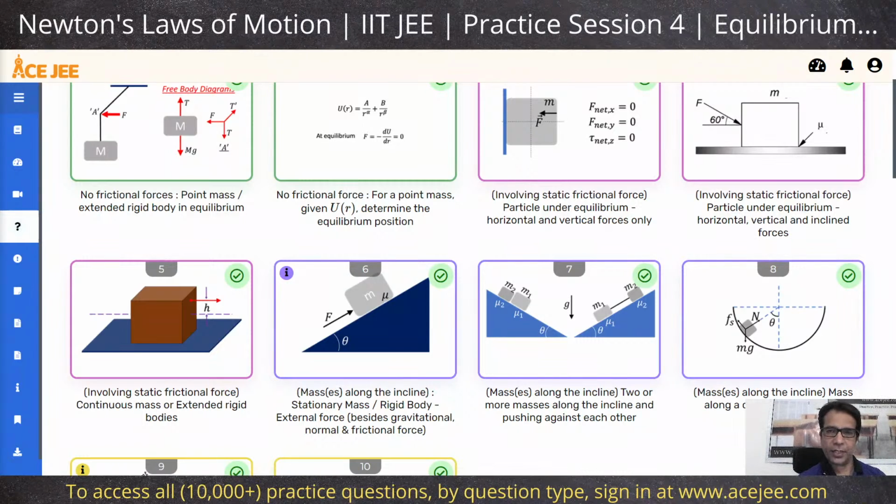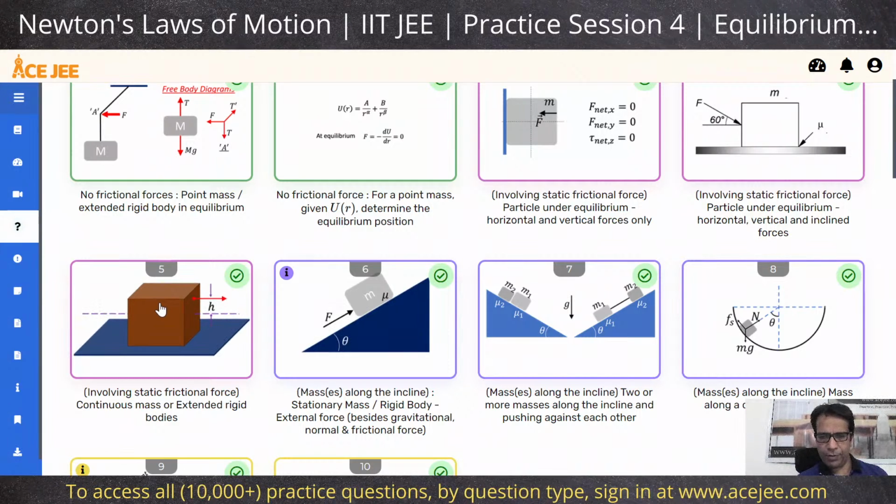And in number 6, we'll be dealing with scenarios where we have a mass or a block sliding on a rough or a smooth incline. Now the incline would typically be the incline of a wedge, and the wedge may be free to move on the ground. So there might be further friction force between the ground and the wedge. So we'll deal with all such scenarios.